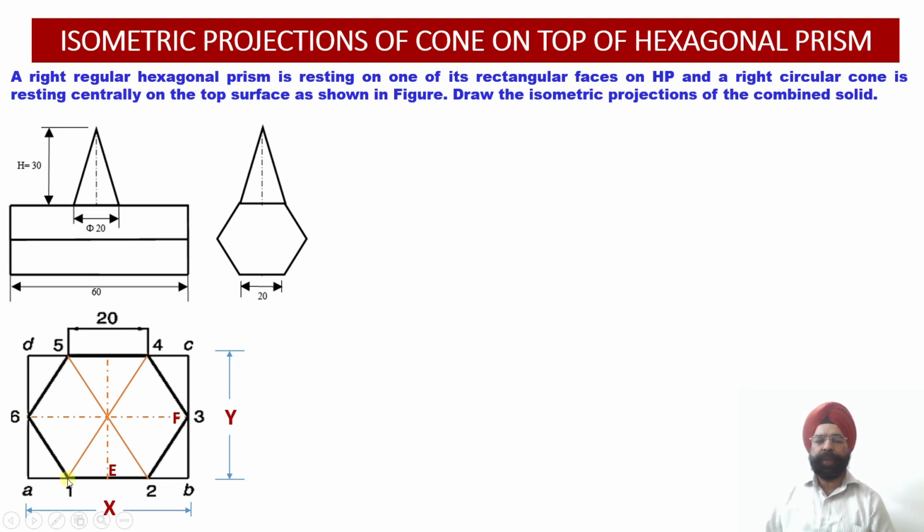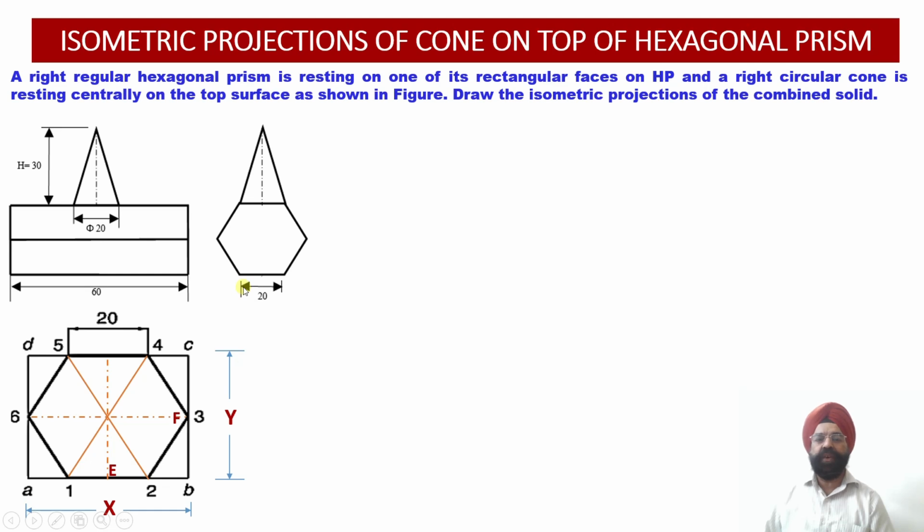Once we obtain this hexagonal figure, we are going to mark the points 1, 2, 3, 4, 5, 6. The edge of the hexagon we have taken to be equal to 20 millimeter, as it was available to us from the side view. So in the side view, we could observe that the hexagon size is equal to 20.